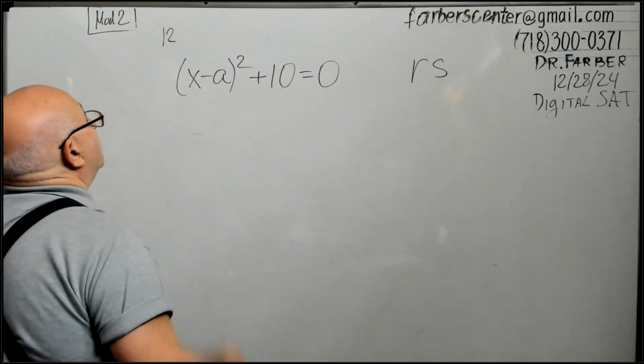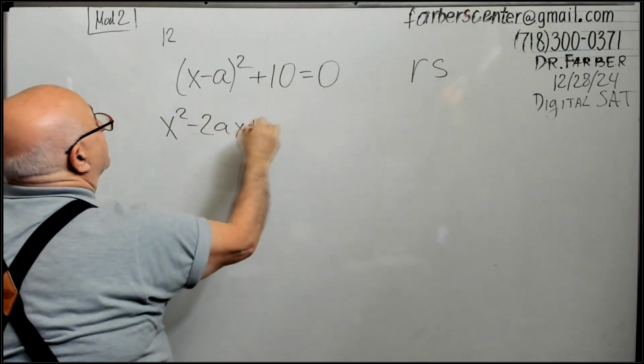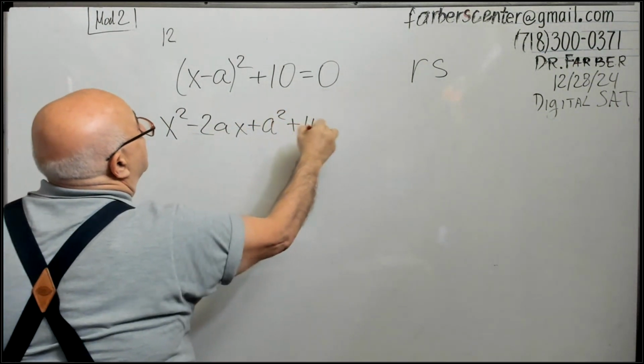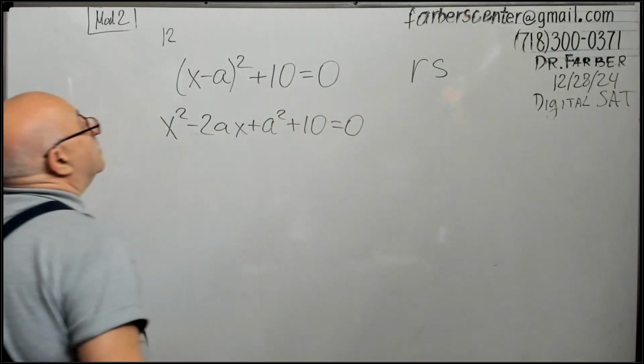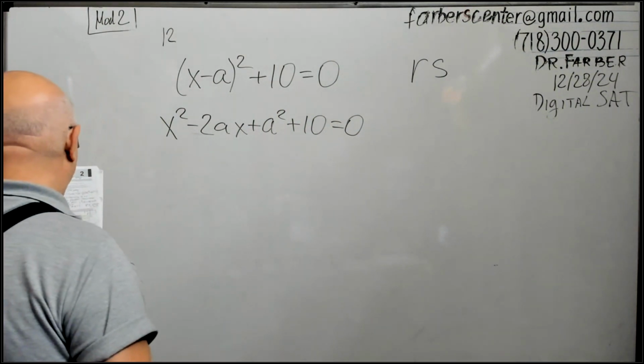So expanded form: x squared minus 2ax plus a squared plus 10. And they ask you to find the product of r and s.